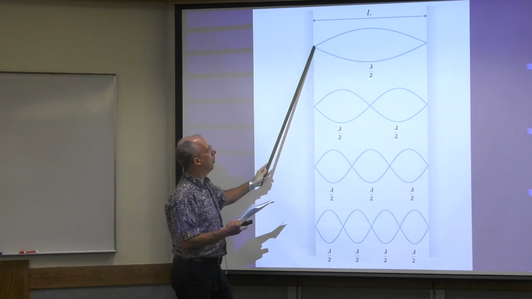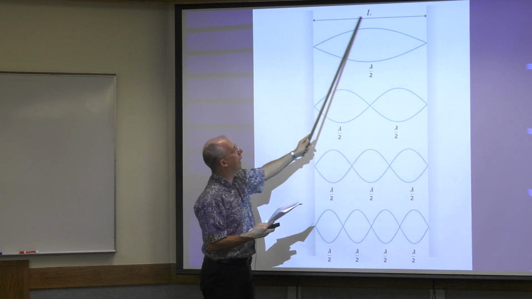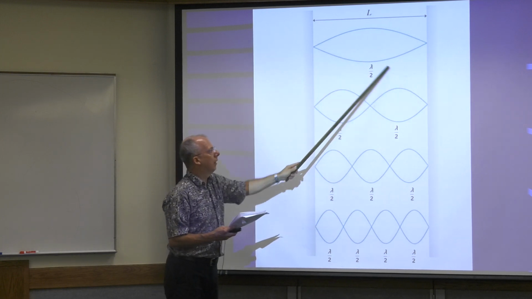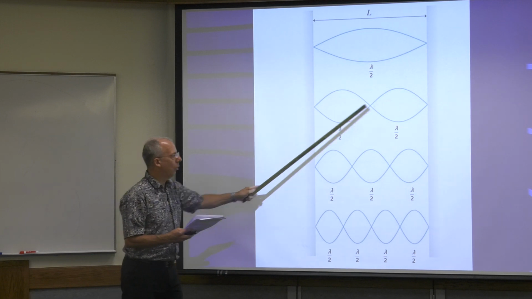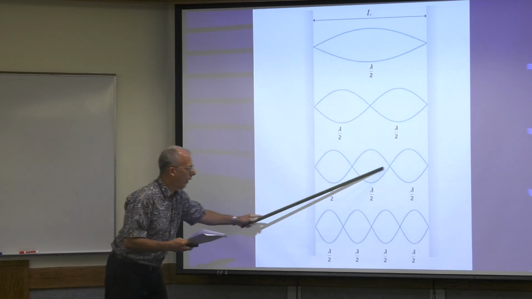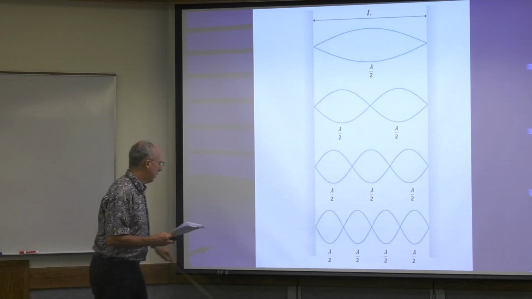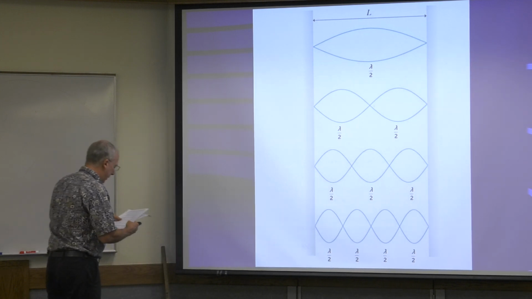Okay, so for this one, the length of the string is a half a wavelength. Here, the length of the string is 2 half wavelengths. Here, the length of the string is 3 half wavelengths, and so forth. So let's write that down.